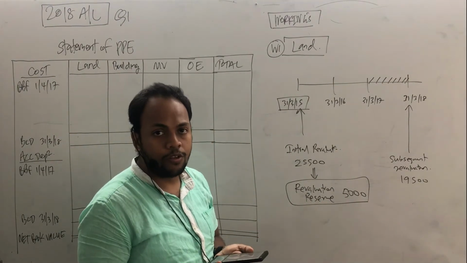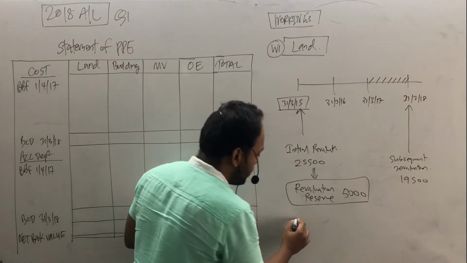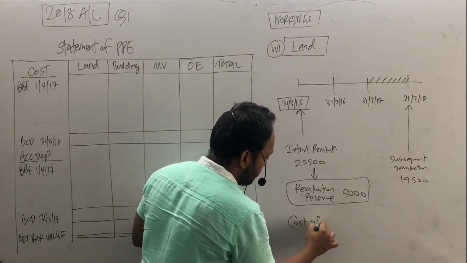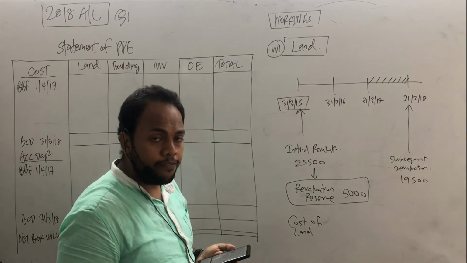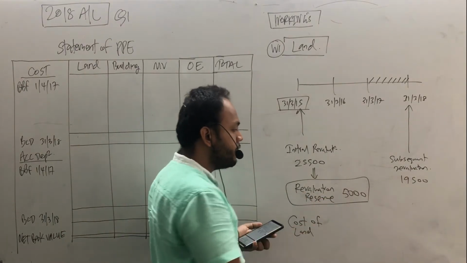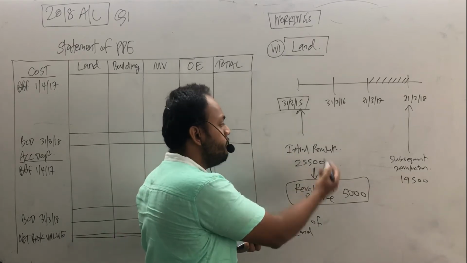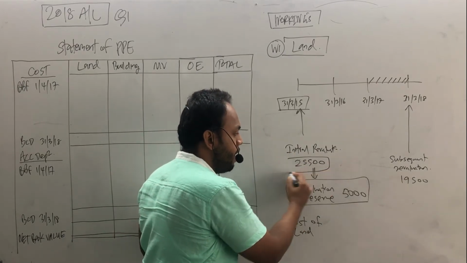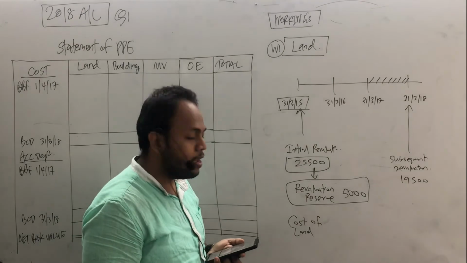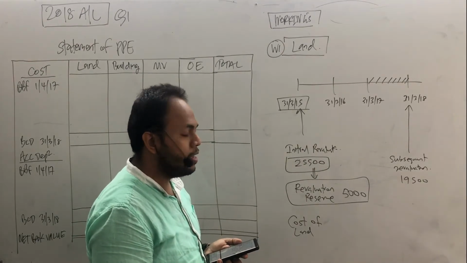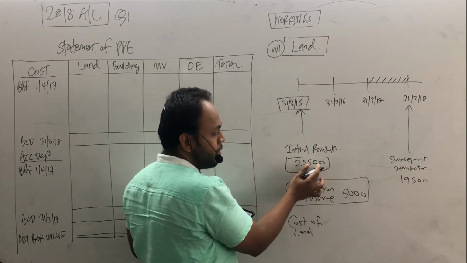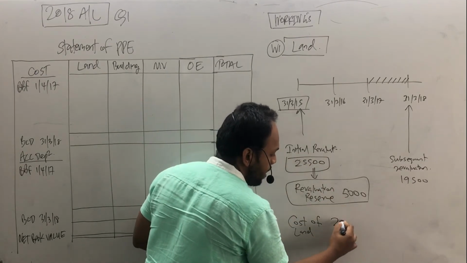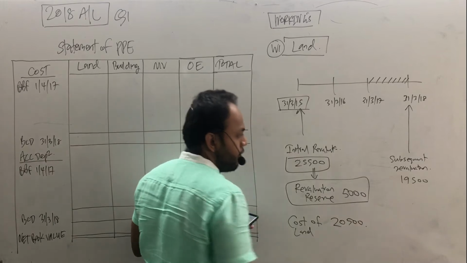So can you all guess the cost of the land? If the revaluation profit is 5,000 and the revalued amount is 25,500, what is the cost of the land? Land has increased by 5,000, so the cost of the land is 20,500.